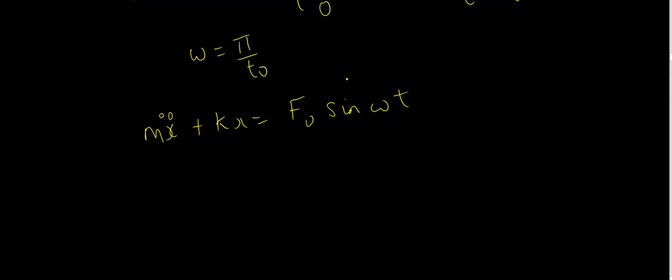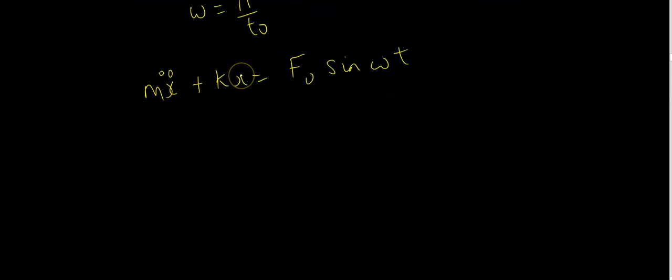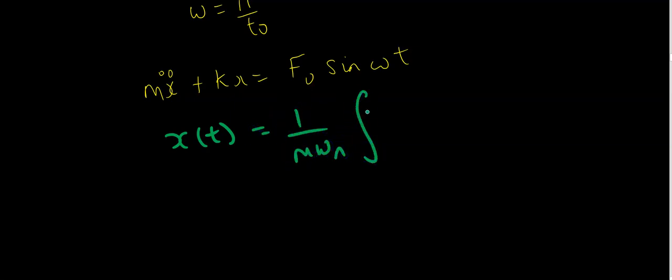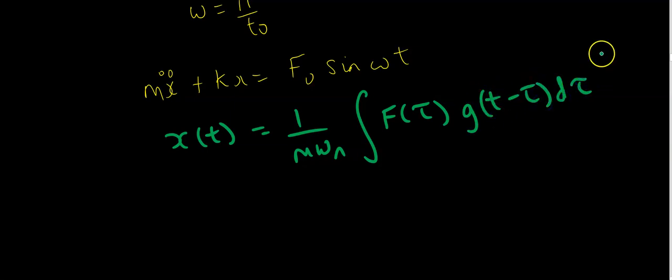At this point, we want to remember, what is the convolution integral? The convolution integral tells me that the response x(t) is equal to 1 divided by m omega n, the integral of F(tau) g(t minus tau) d tau.